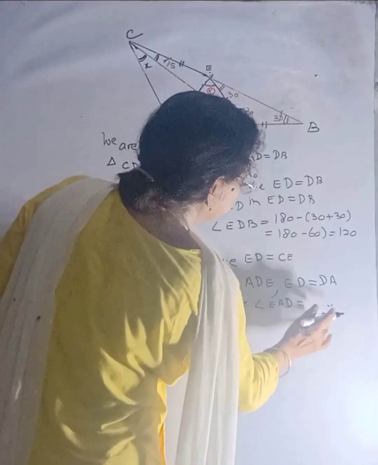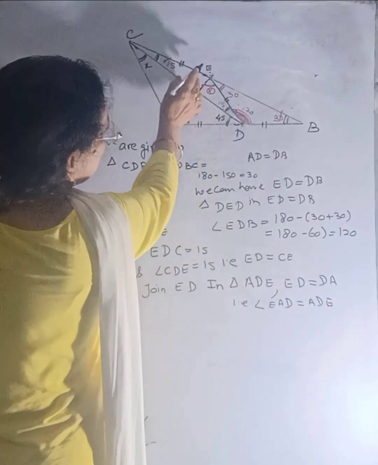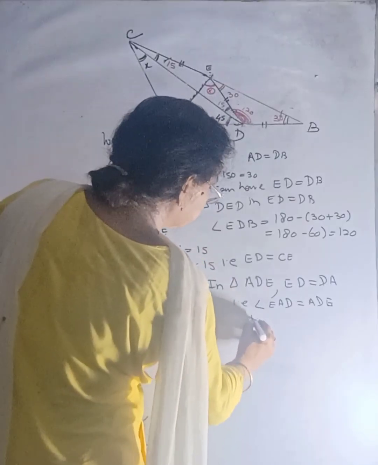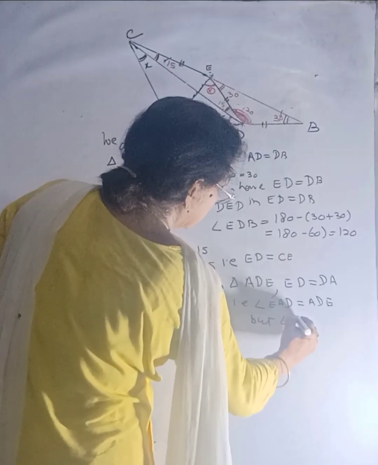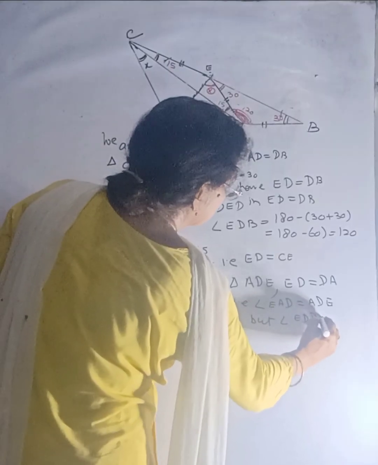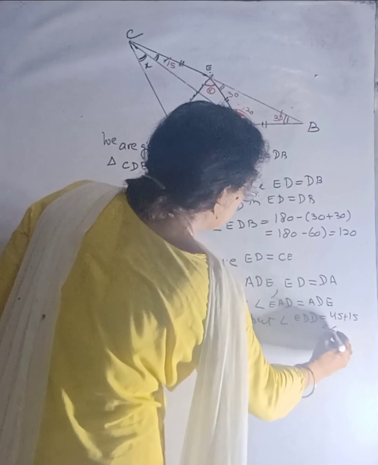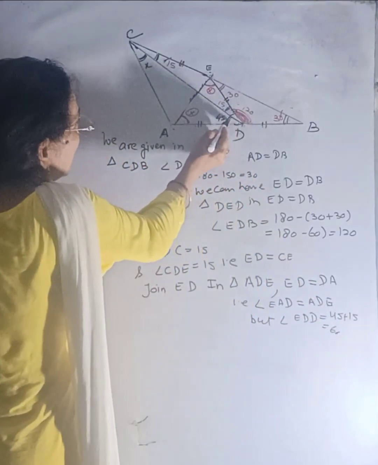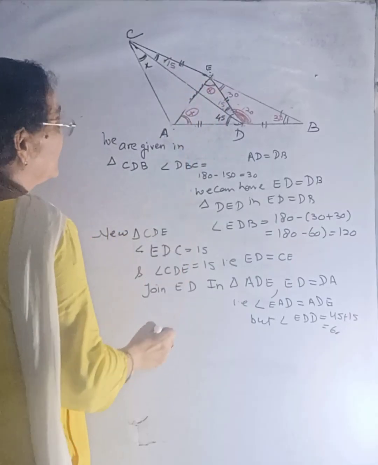Sorry, ADE. But angle EAD is 60. EAD is equal to 45 plus 15, that is 60. It means all angles are 60. This will be 60, this will be 60, and this will be 60.